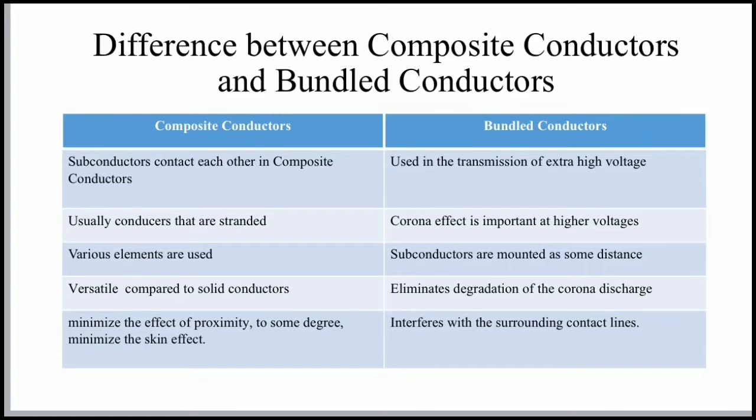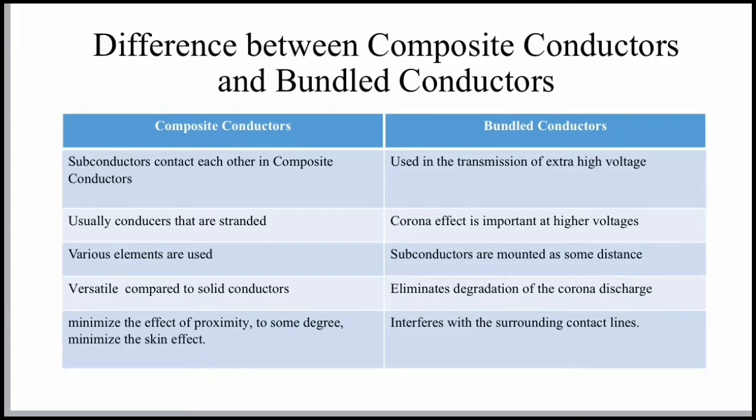Lastly, I will explain the difference between composite conductors and bundled conductors. What is a composite conductor? In composite conductors, the subconductors contact each other. Composite conductors are usually conductors that are stranded. Various elements are used in composite conductors.